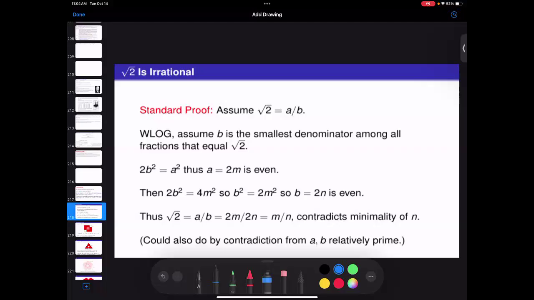So a must be even, because if a was odd, and this is actually a little bit of work: if a equals 2k plus 1, then a squared would be 2k plus 1 times 2k plus 1, which would be 4k squared plus 4k plus 1, which would be 2 times (2k squared plus 2k) plus 1, which is odd.